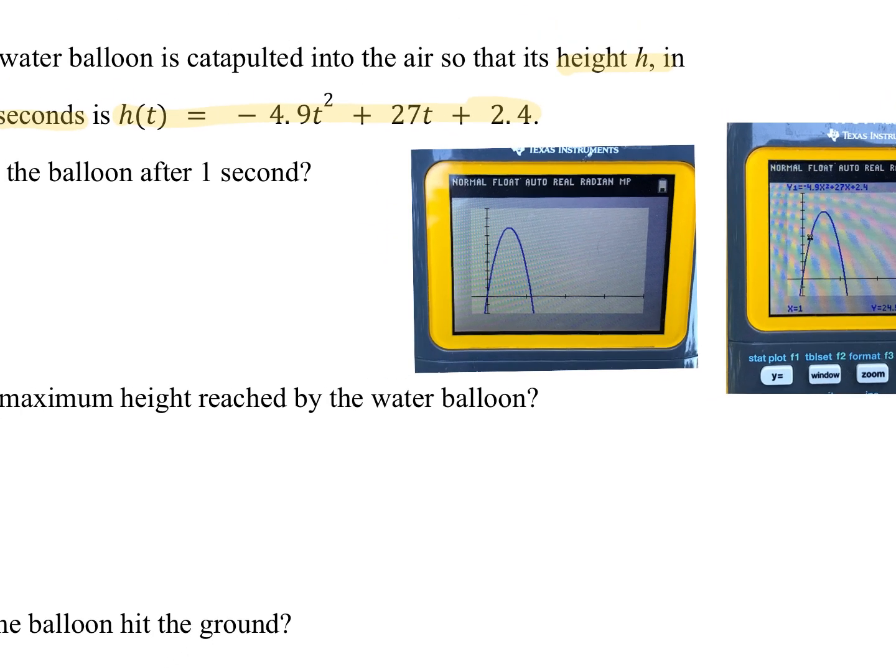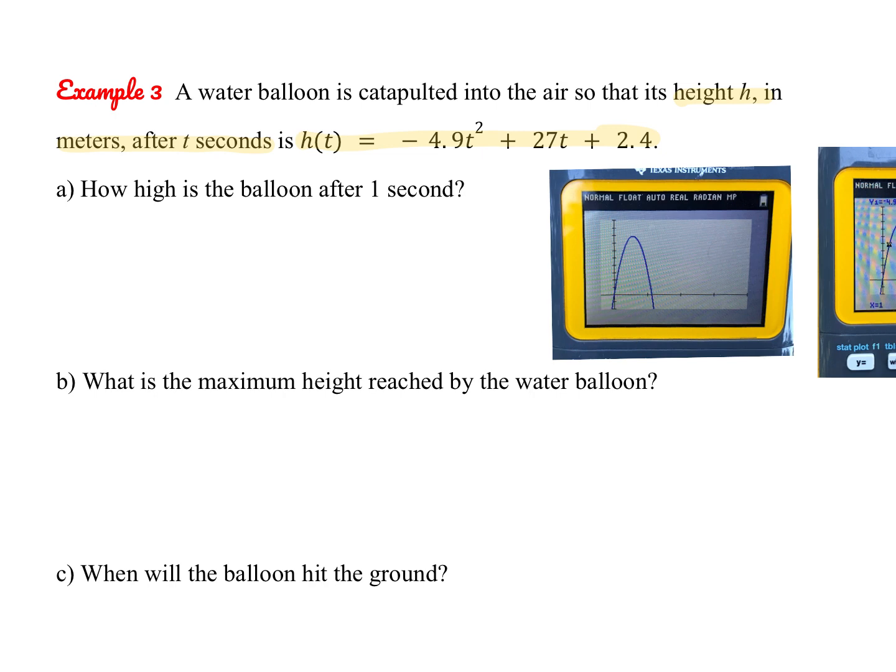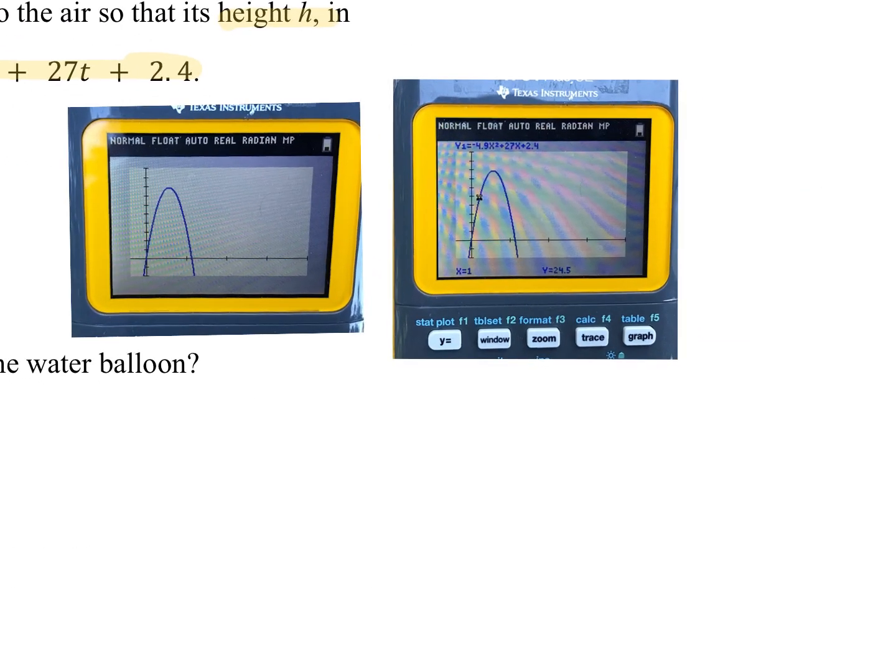And then if they want the height after 1 second, so how high is the balloon after 1 second, they're essentially asking us to find h of 1. They want us to evaluate the function. So if you go to second trace, so if you go back to calculate, option 1 is called value, and then it allows you to type in any x value you want.